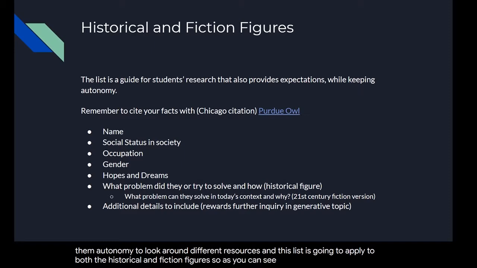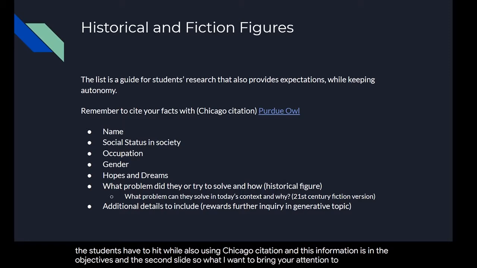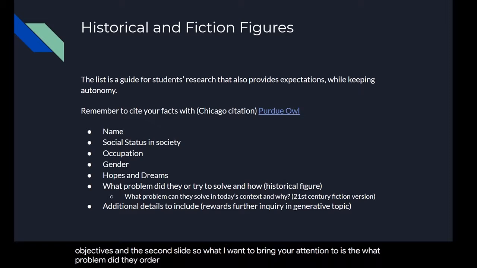So as you can see, there are a few different points the students have to hit while also using Chicago Citation, and this information is in the objectives in the second slide. So what I want to bring your attention to is the what problem did they try to solve and how, which will be for the historical figure, and what problem can they solve in today's context and why.